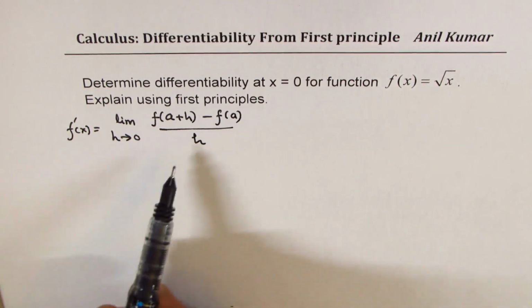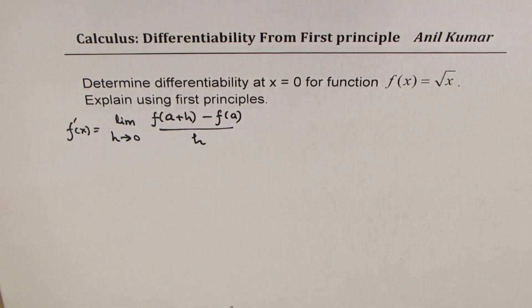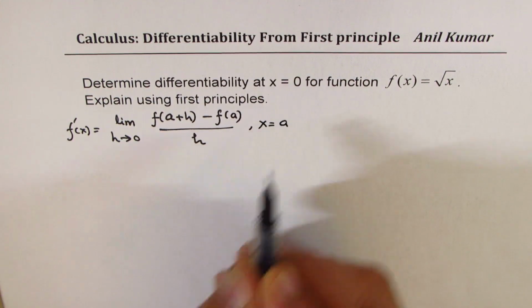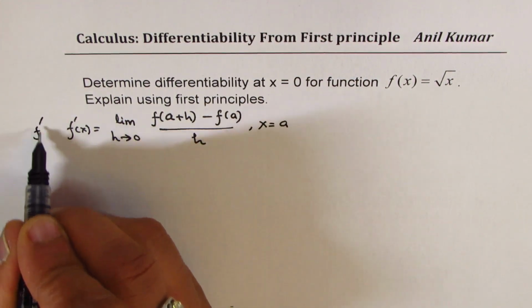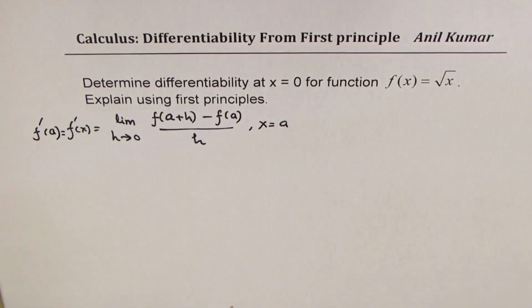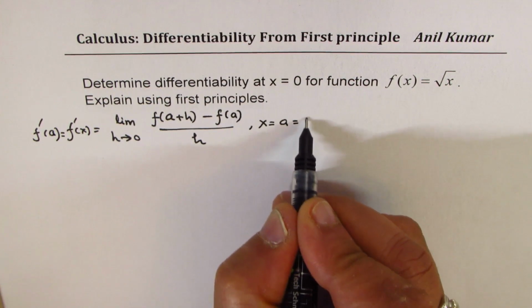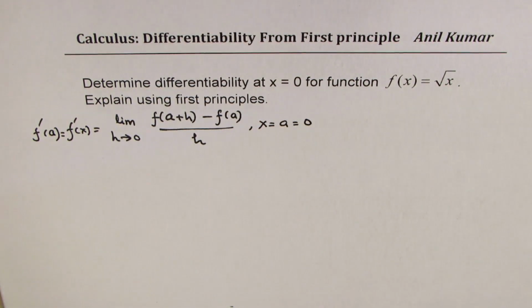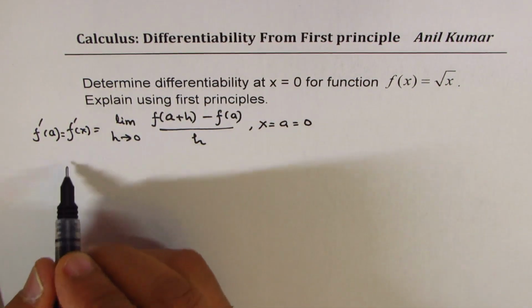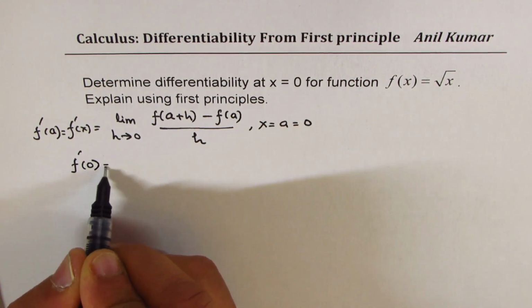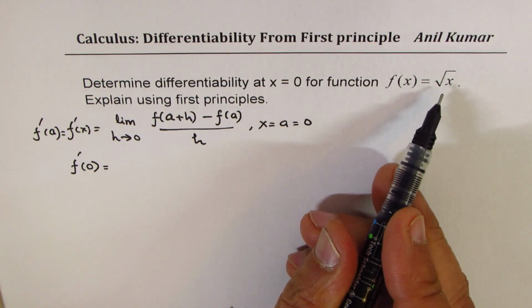So that is at a point x equals to a. I should have written f dash a here, right? That makes more sense. And to be very specific, our point a is 0 for the given example. So basically, we're trying to find the derivative at 0 for the given function, which is square root x.